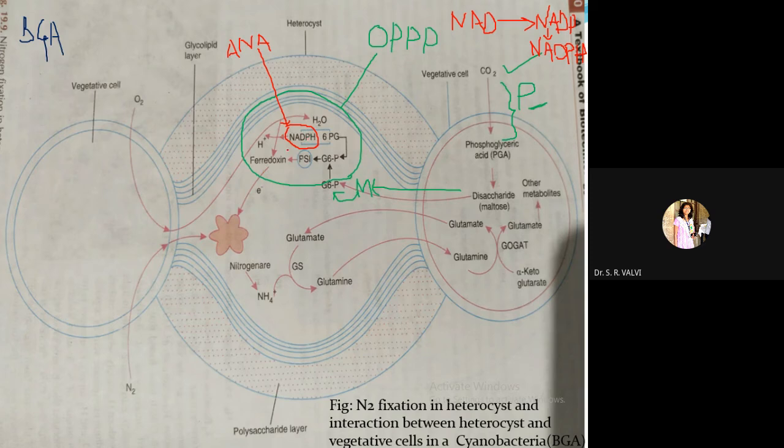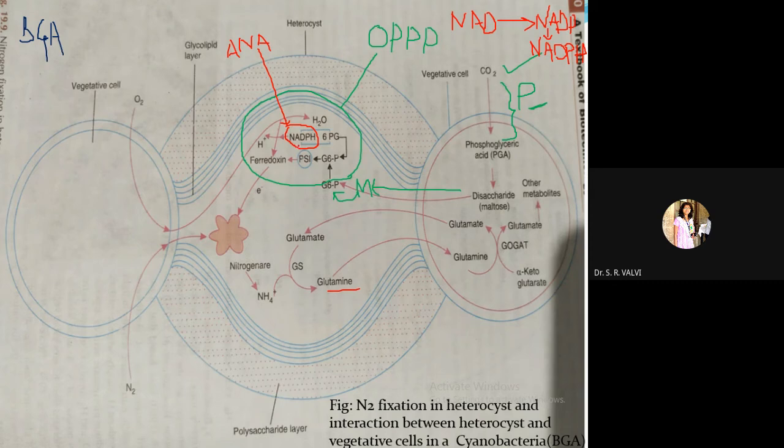Catabolic means a breakdown, right? Suppose glucose is breaking down, glucose is further utilized to form pyruvic acid. Then it is a breakdown process or a catabolic process. Here some product is going to form, see here glutamine is getting formed. For this purpose NADPH is used, right? So for anabolic reactions, this NADPH is getting formed.